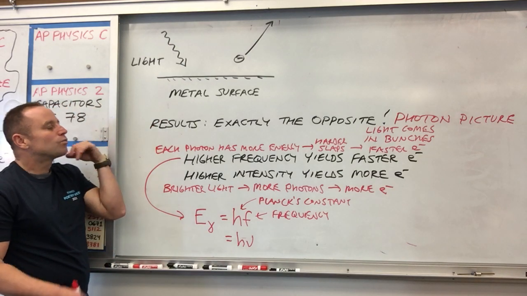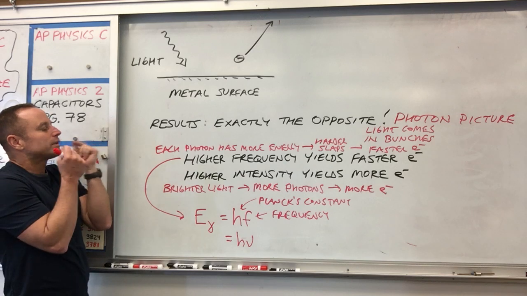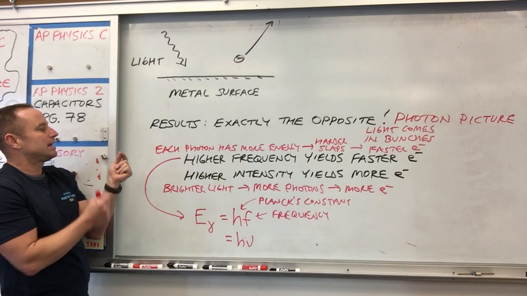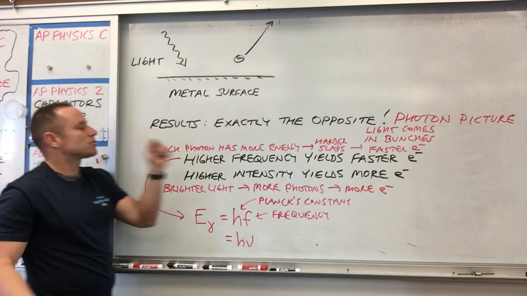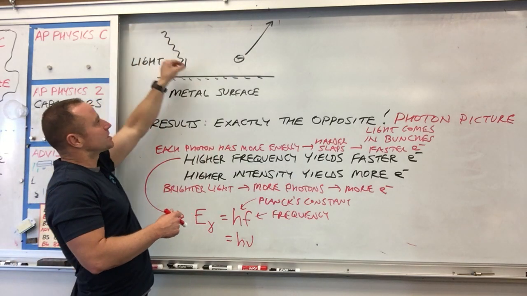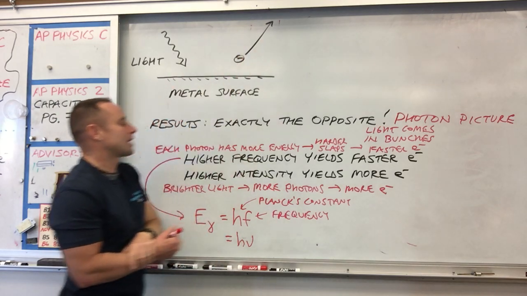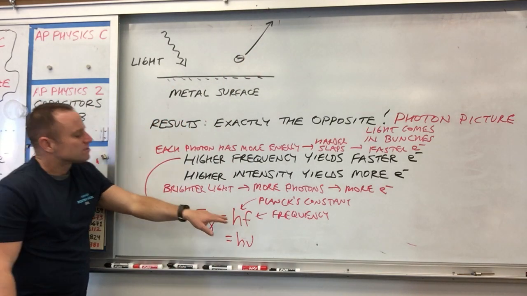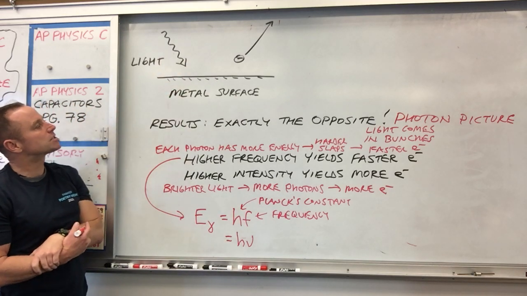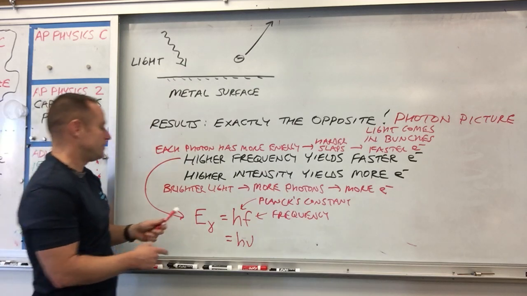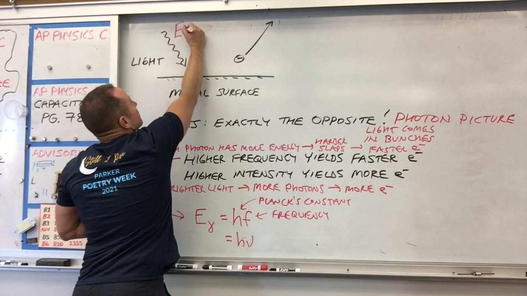And then the real big leap was to say that higher frequency light means that each little bit of light has more energy. So it's a more fierce photon coming down, and that gives more energy to the electron when it comes off. To quantitatively describe what's happening here, you can come at it from an energy point of view. Here's some energy that the light brings in.